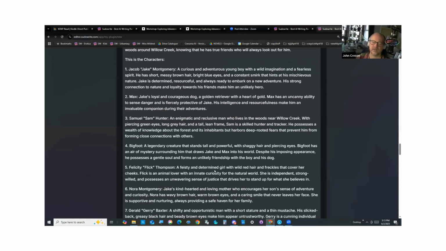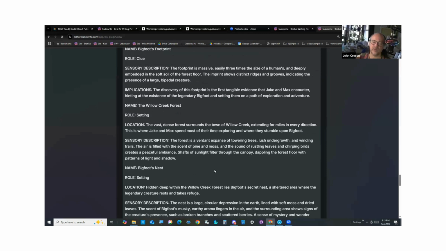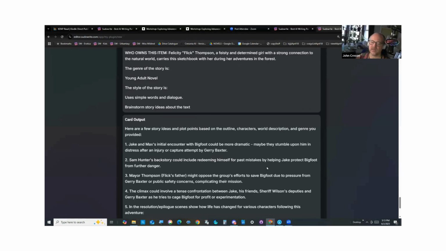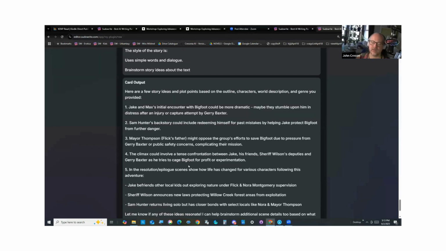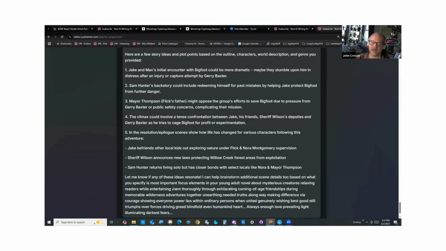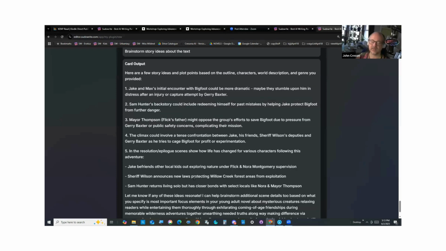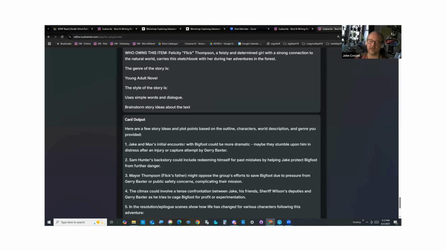Instead it's giving me ideas about the world. Salmon Hunter's backstory could include redeeming himself for past mistakes by helping Jake protect Bigfoot from further danger. The climax could involve... So there's nothing about sugar bears in here, which is what I was asking it. It's giving me advice, which isn't bad, but I feel like I've triggered it by adding in all this other unnecessary information.